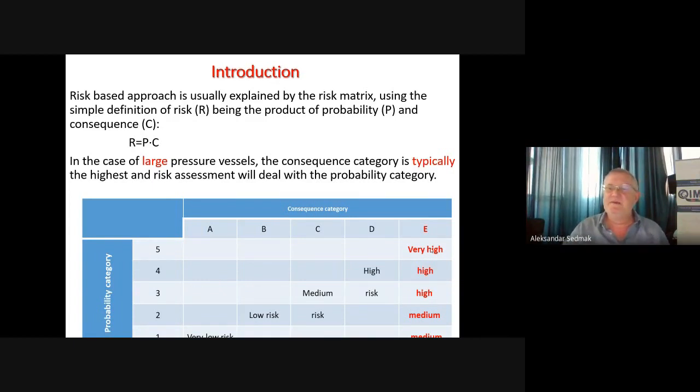Those terms are arbitrary, and in any case, when probability category is high and consequence category is high, or the highest ones, then of course we have very high or extreme risk. Contrary to that, when they are both low, we have very low risk.